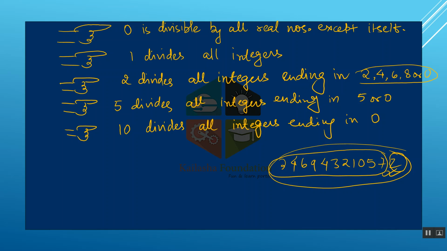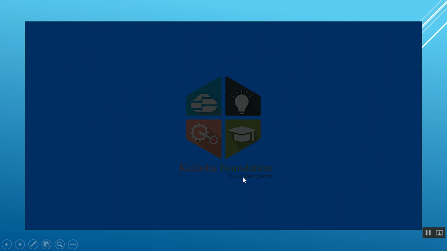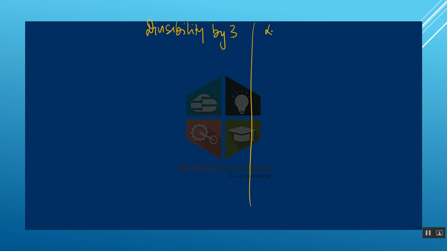Now we'll see divisibility by 3 and divisibility by 9. These two are very similar.